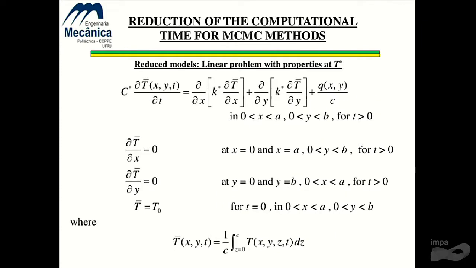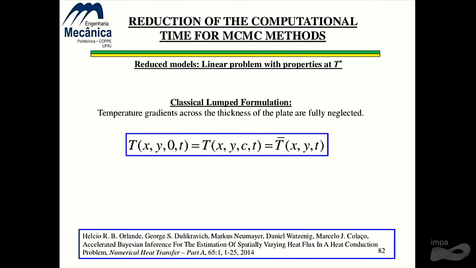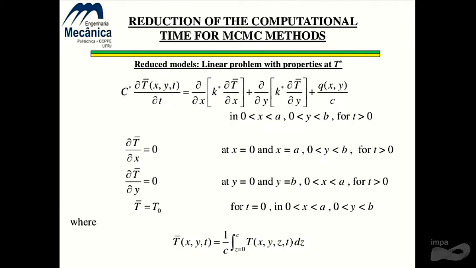So this is already one level of approximation, because the nonlinear problem we have linearized by computing the properties at some specific temperature. In the classical lumped formulation, we completely neglect the gradients, so the temperature at both surfaces is equal to the mean temperature.